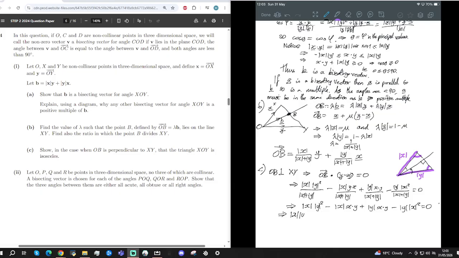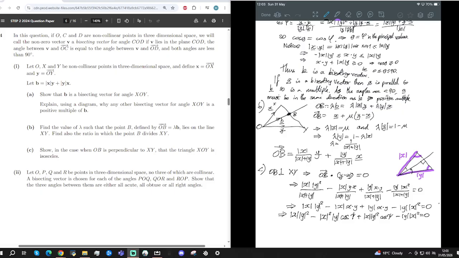So mod x mod y squared minus, this is going to be a mod x squared mod y cos, I can't want to give it a name. I've already used theta and phi in previous parts. So let's go with psi plus, this will be mod x mod y squared cos psi minus y x squared equals 0.